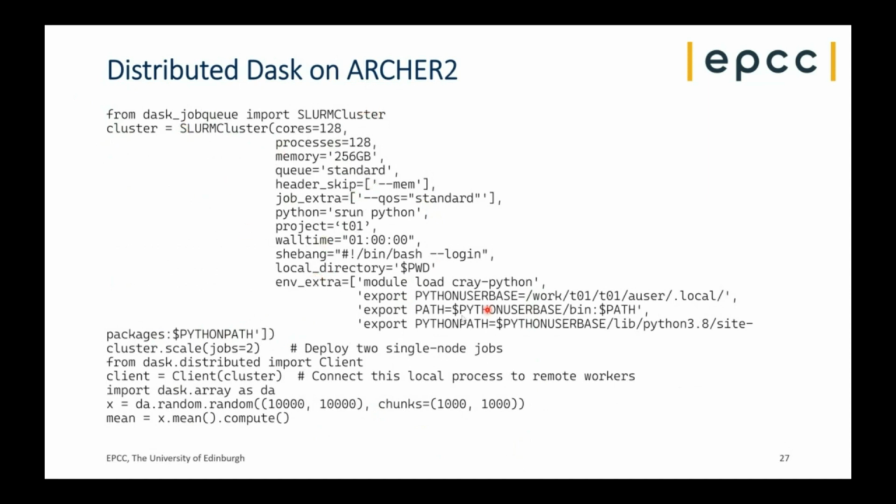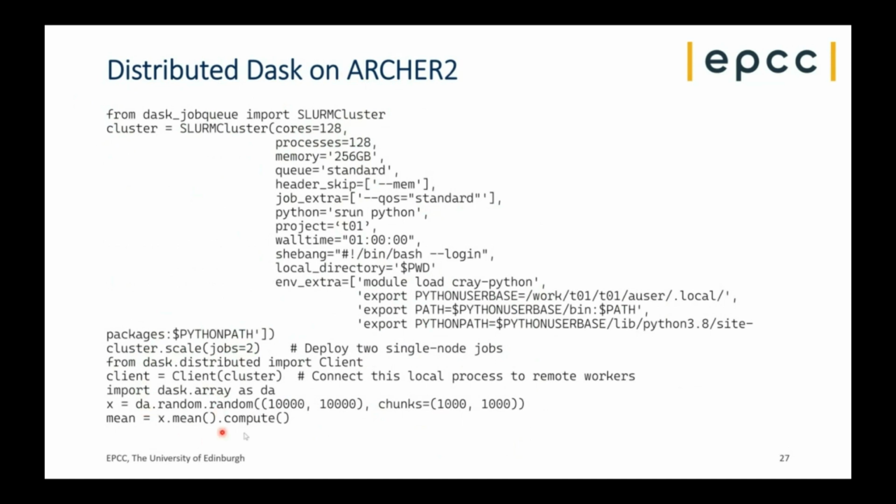You specify things like your project, your wall time, your Python user base, and here we're specifying the size of an individual Dask job, so 128 cores, 128 processors. That's a single node. And then in the cluster you can say I want to submit 2 jobs, so that's 2 single node jobs.